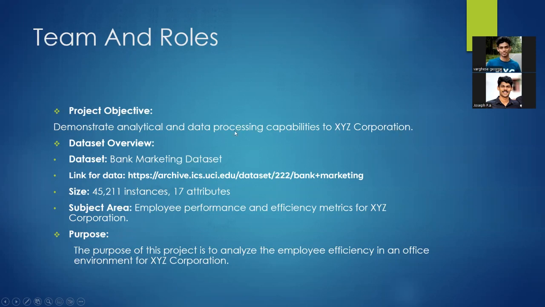For the size, we have almost 45,000 instances and 17 attributes. Our key area is employee performance and efficiency metrics of XYZ Corporation, and the objective of the project is to analyze the employees' efficiency in an office environment for XYZ Corporation.